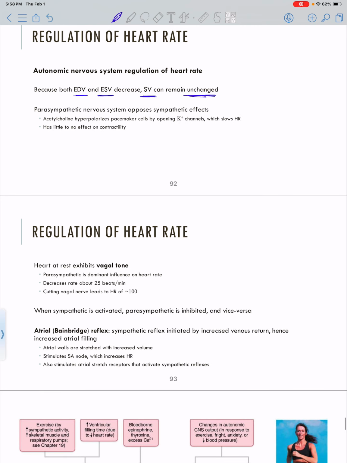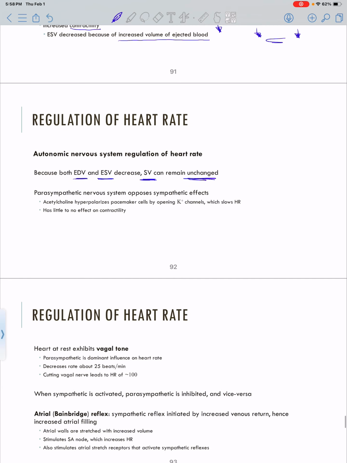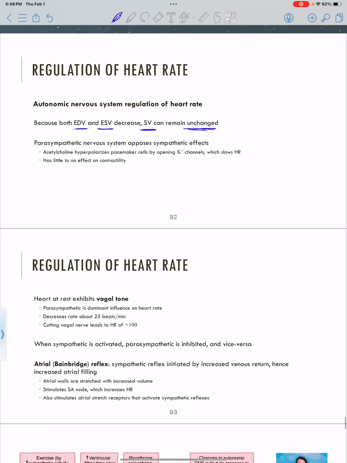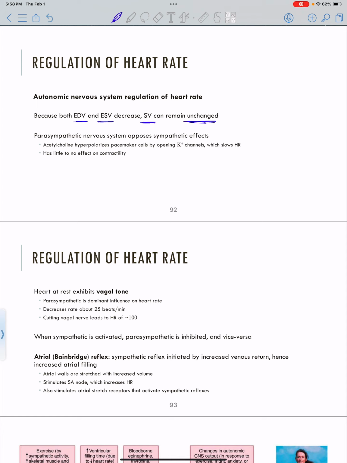So let's keep going. Again, when we talk about the sympathetic nervous system, we're more worried about heart rate than stroke volume. So everything that our sympathetic nervous system did, like speeding up our heart rate, is going to be the opposite in our parasympathetic nervous system. So it's going to oppose the effect. The parasympathetic nervous system, if you remember, both its preganglionic and its postganglionic neuron release acetylcholine. So that's its neurotransmitter.